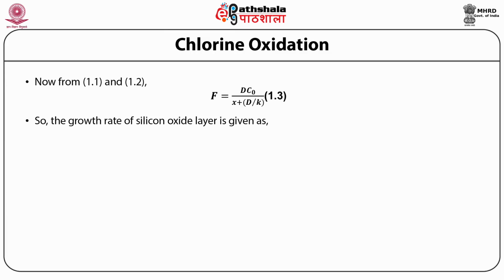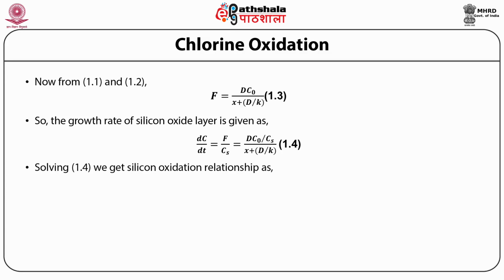So the growth rate of the silicon oxide layer is given as dX/dt equal to F/N0, equal to (D C0/N0) divided by (X plus D/K).